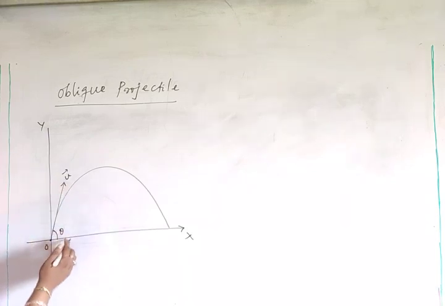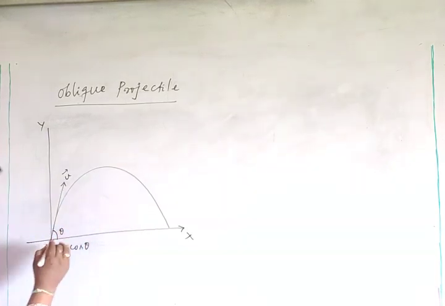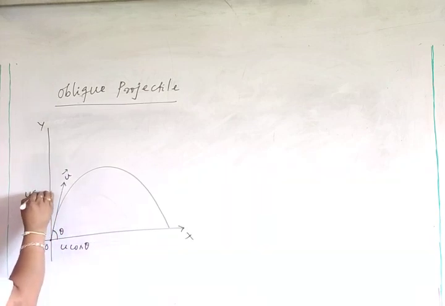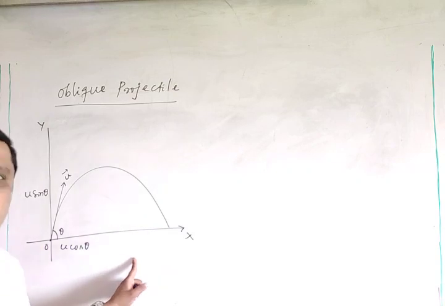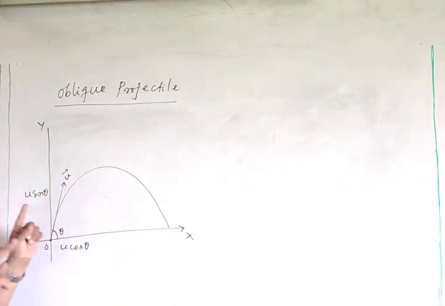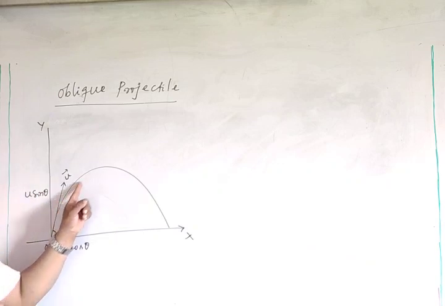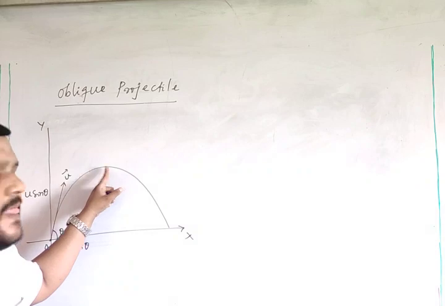Obviously this u has a component along the x-axis, u cos theta, and vertical is u sin theta. Along the horizontal the motion is uniform, no acceleration. Vertically the velocity goes on decreasing, and at the maximum height the vertical component of the velocity becomes 0.